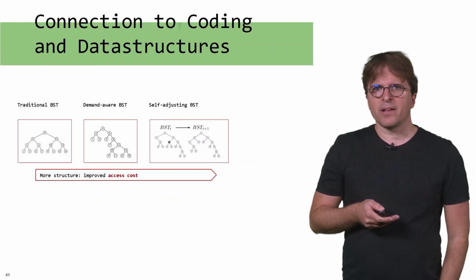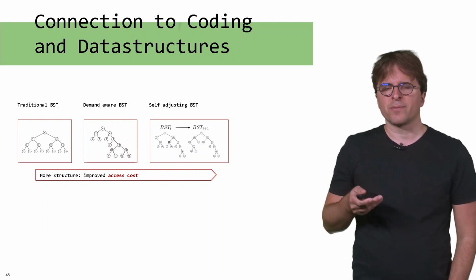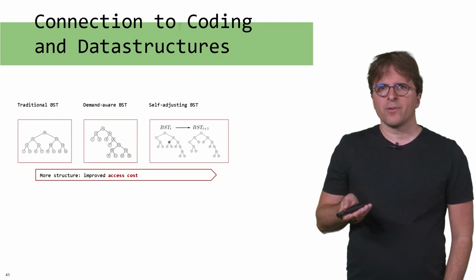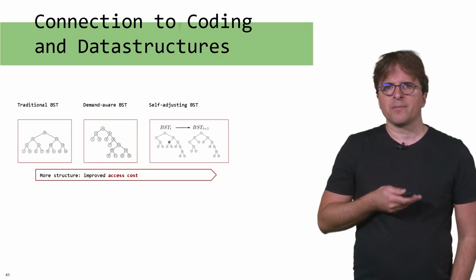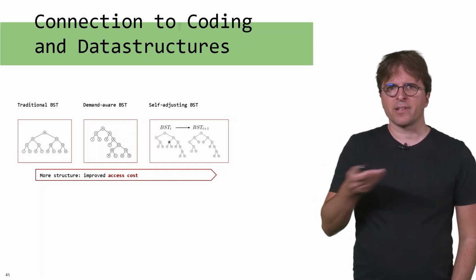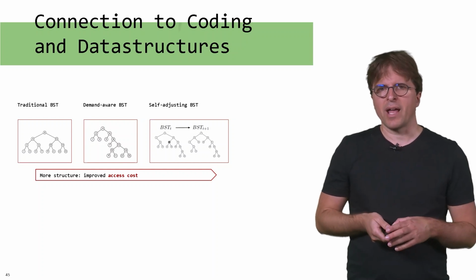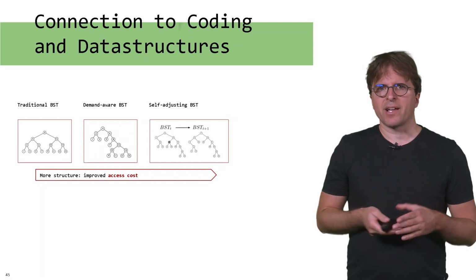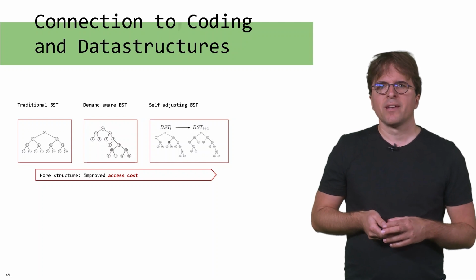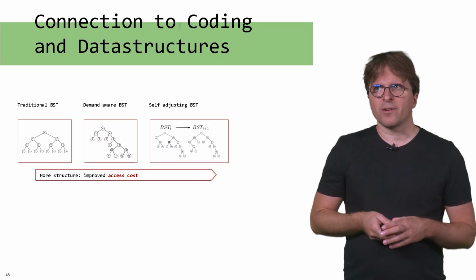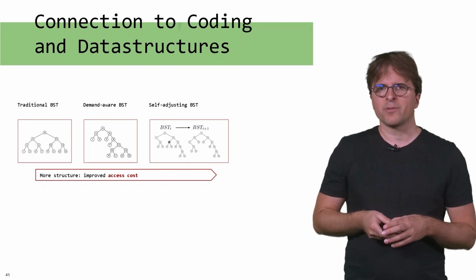So there's really an interesting connection between this coding and data structures, and also to what we want to do. If you look at traditional binary search trees, then typically you want to have a balanced tree, where the depth of the tree is never more than log n. But then you can have something like a demand-aware binary search tree or a biased binary search tree, where the location of the keys in the tree is optimized towards the probability distribution.